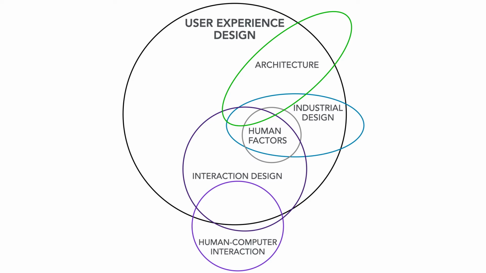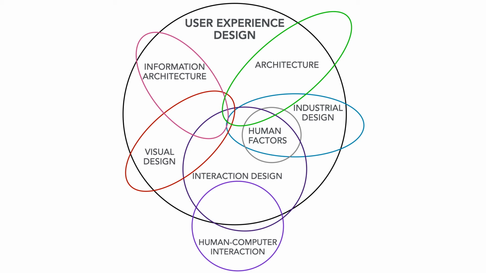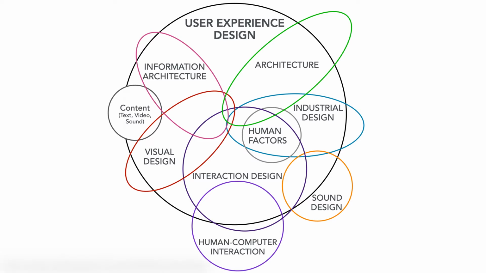Interaction design also considers visual design, largely the artsy type of stuff, which further overlaps with information architecture. That is the structural design of organizing, sharing, and cataloging information environments. The field of sound design also sits over interaction design. And finally, not a field, but consumer slash user content as a field falls within the orbit of all of this.